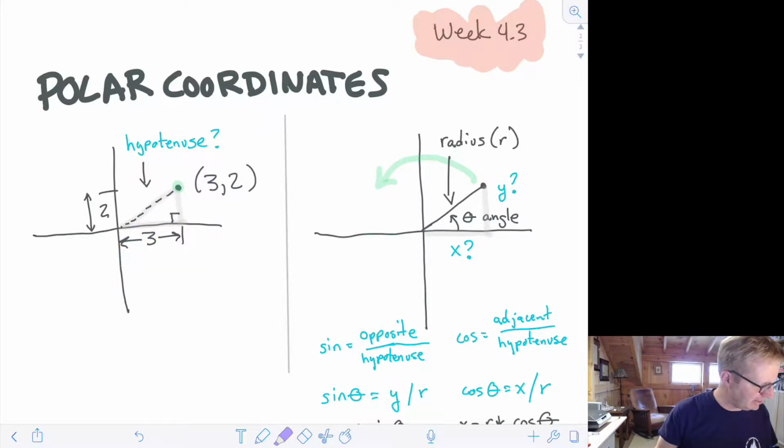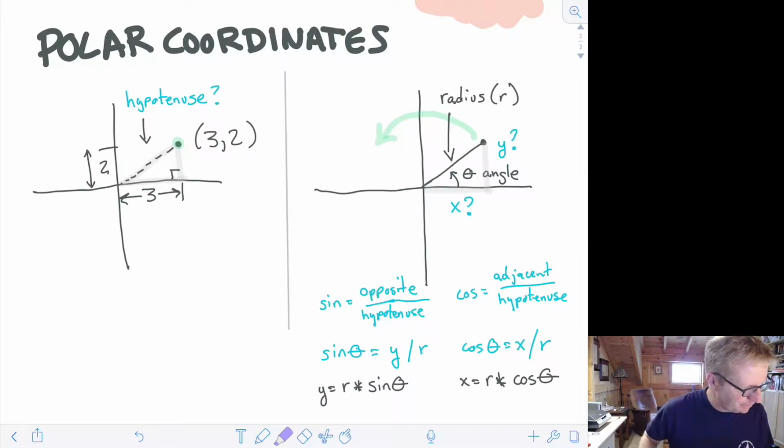But what if, over on the right-hand side here, I gave you the hypotenuse, or I gave you a radius, and said we're going to go around the center of some middle point, and we're going to swing some radius around a circle, right?